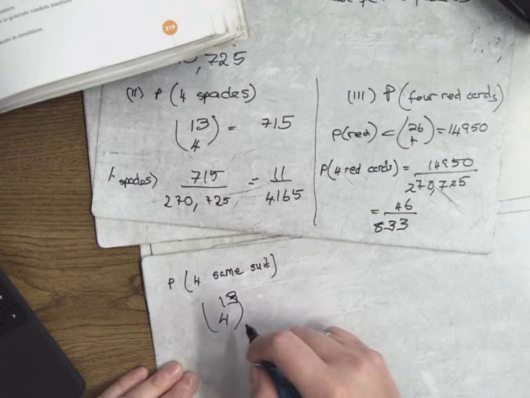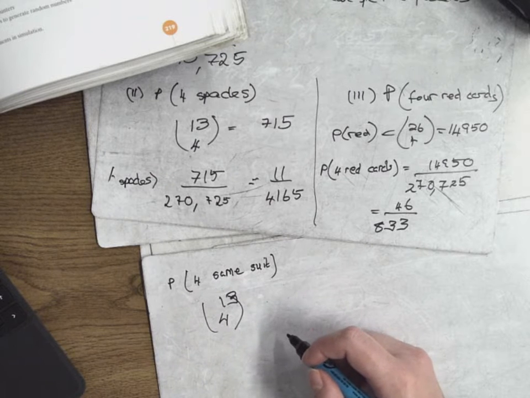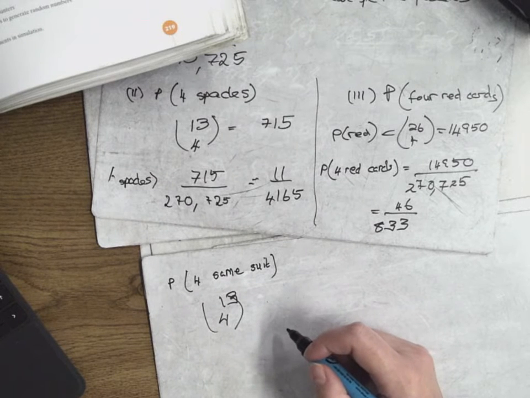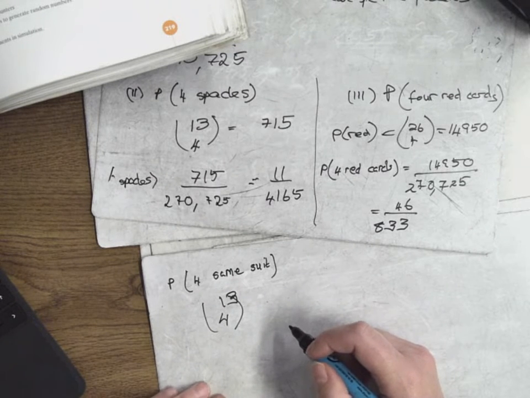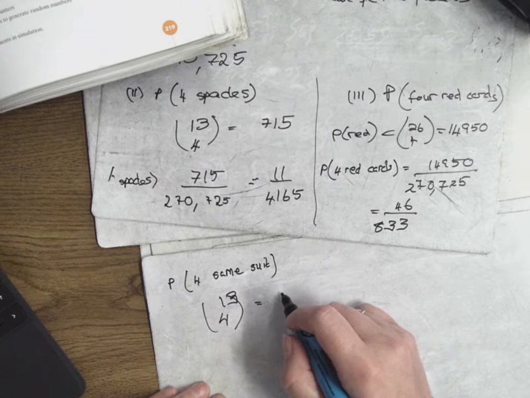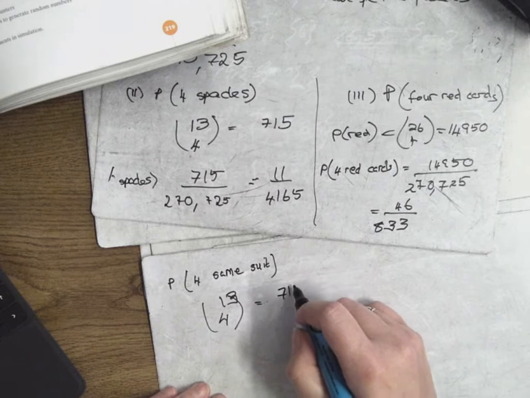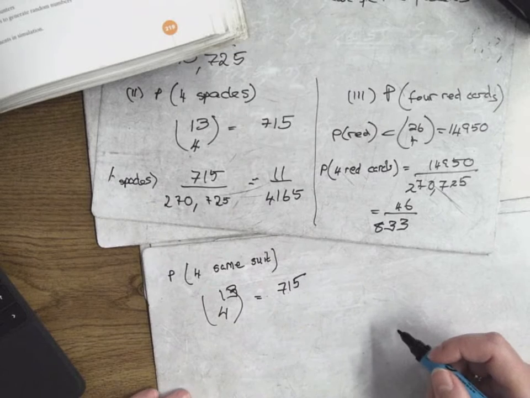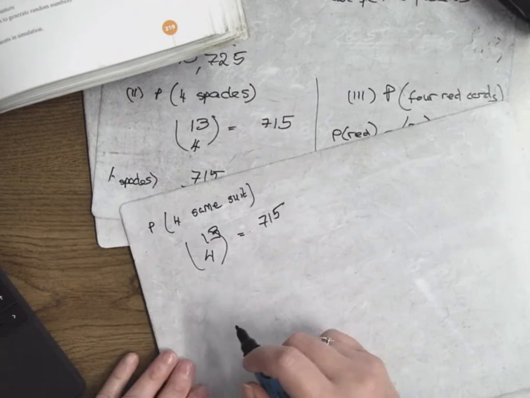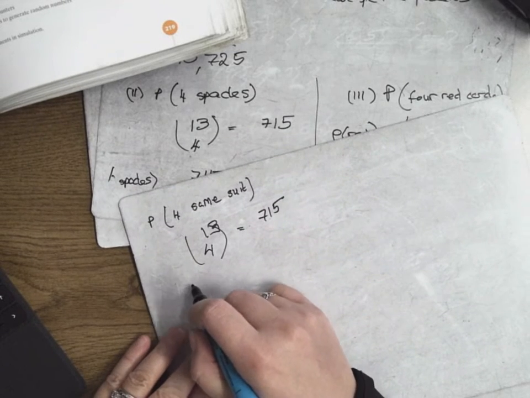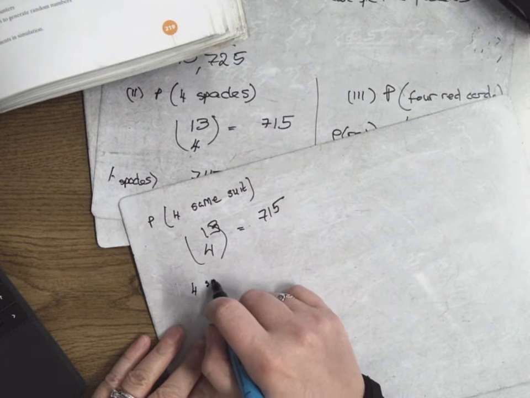So 13 choose 4 is, what's it? 715, sure we did it already, didn't we? 715, right, okay, but you can pick 4 spades, can't you?